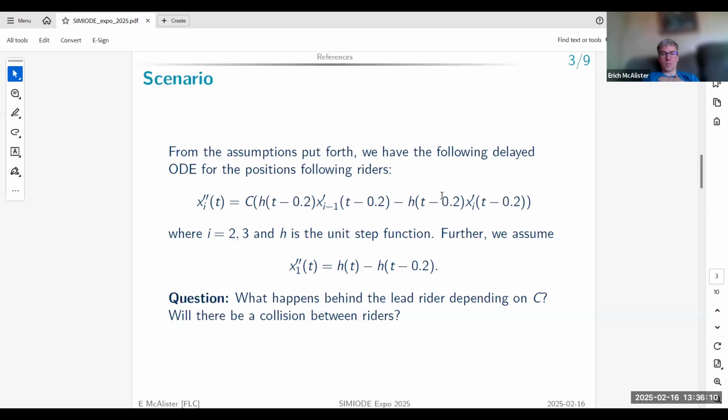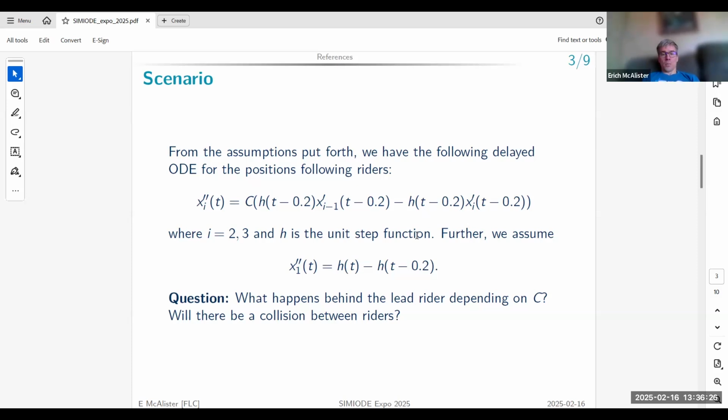So we have shifted step functions, and this is the difference between the two velocities 0.2 seconds ago, essentially. And this is for riders 2 and 3.